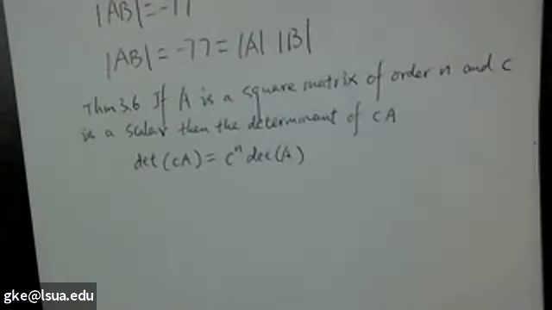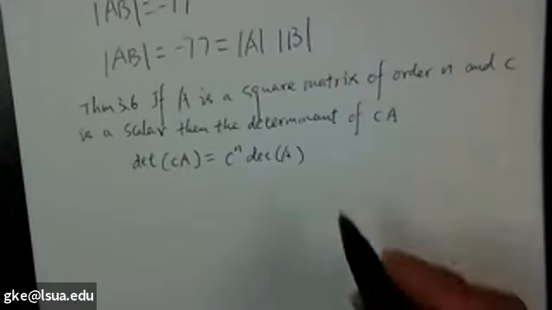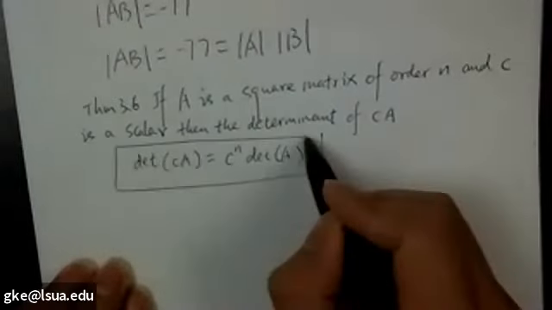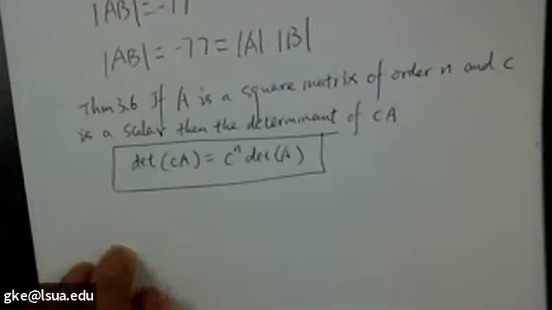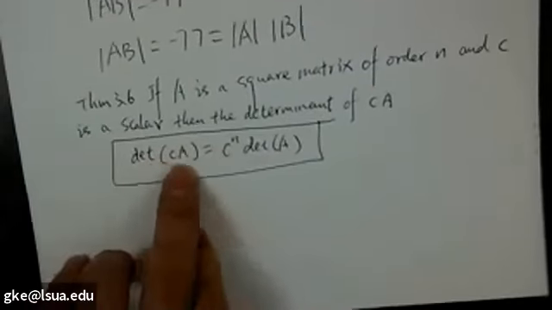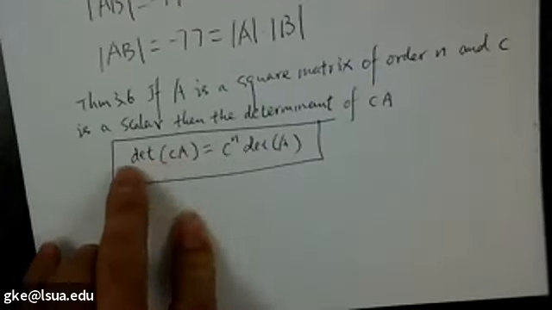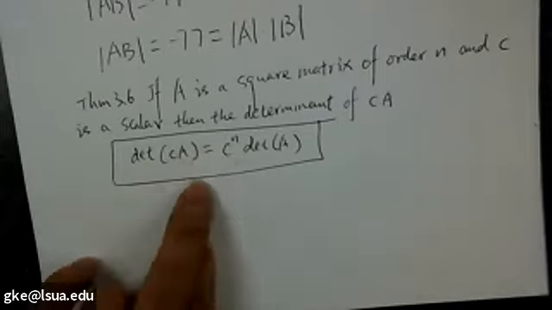Okay, now let's take a look at an example for this. If we have a scalar times A, and we remove the C from the determinant, it's going to be C to the power n.